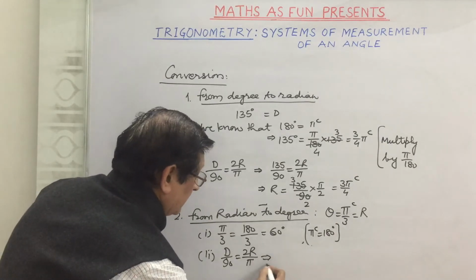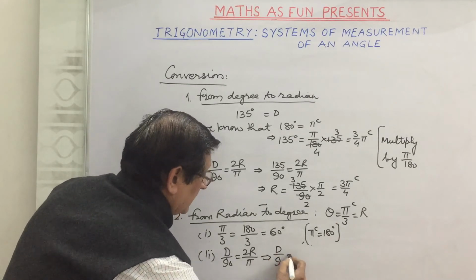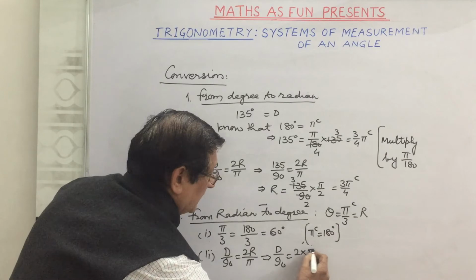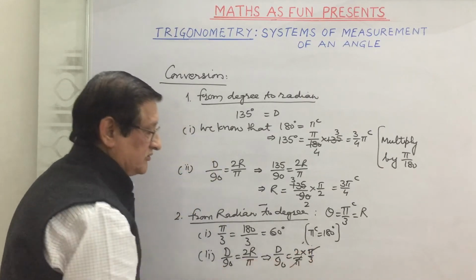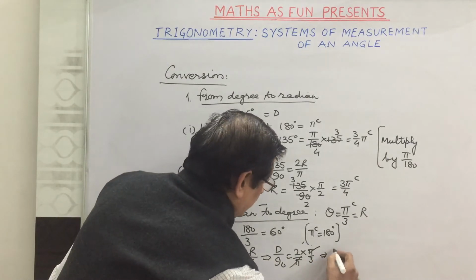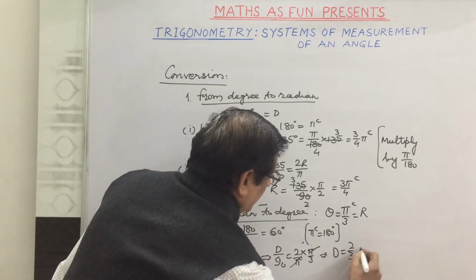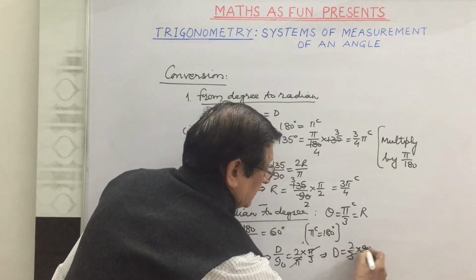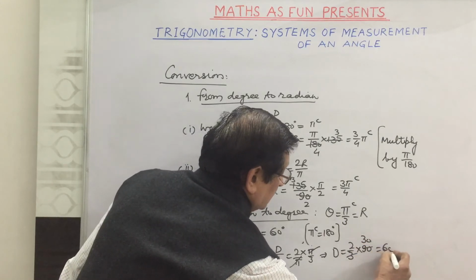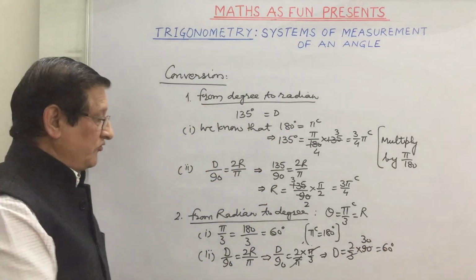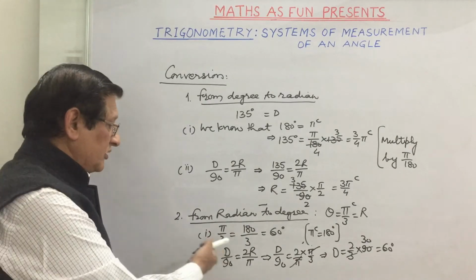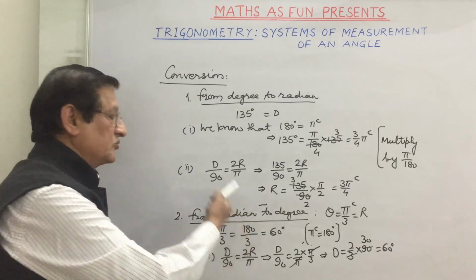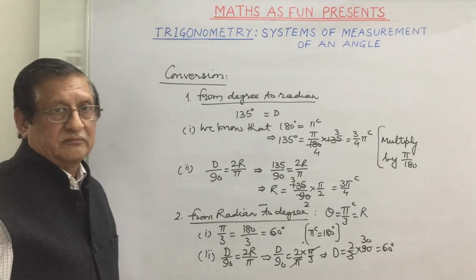We write d upon 90 equal to 2 into pi upon 3 upon pi. This pi and pi cancel, and then we get d equal to 2 upon 3 into 90, which is 60 degrees. So we get the same answer. It means we can convert by using the formula or directly substituting the value of pi.